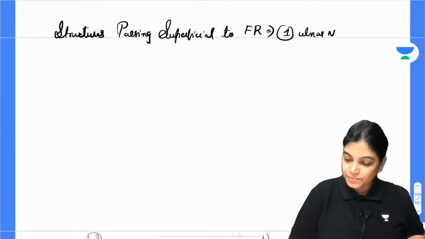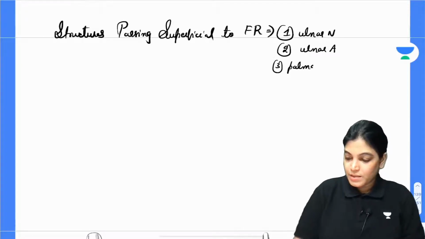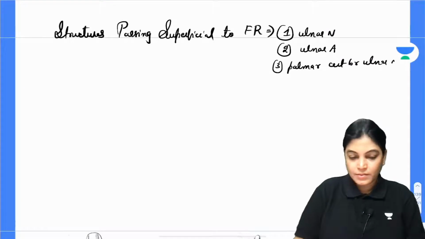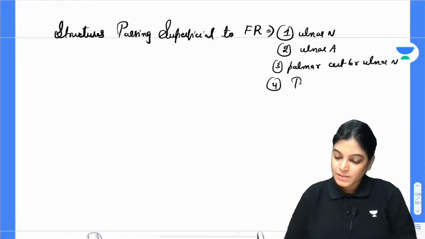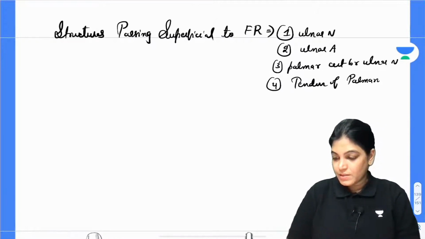Ulnar nerve, ulnar artery, palmar cutaneous branch of ulnar nerve, tendon of palmaris longus muscle.